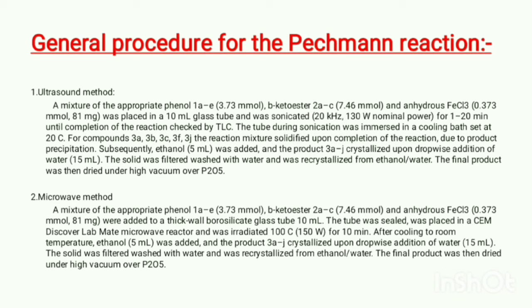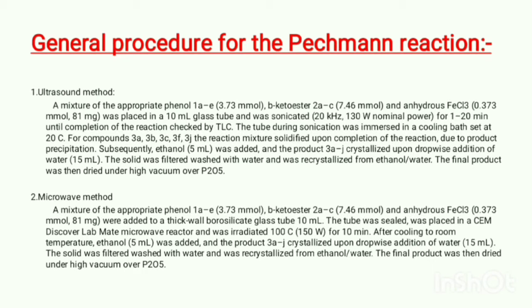For some compounds, the reaction mixture solidified upon completion of the reaction due to product precipitation. Subsequently, 5 ml ethanol was added, and the product crystallized upon dropwise addition of water. The solid was filtered, washed with water, and recrystallized from ethanol or water. The final product was then dried under high vacuum over phosphorus pentoxide.